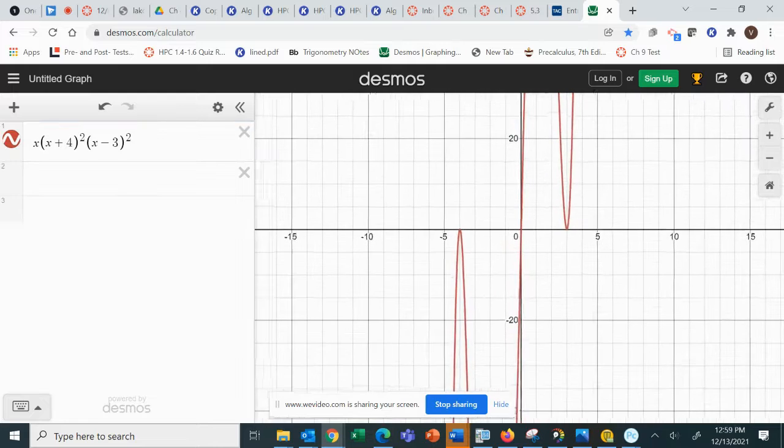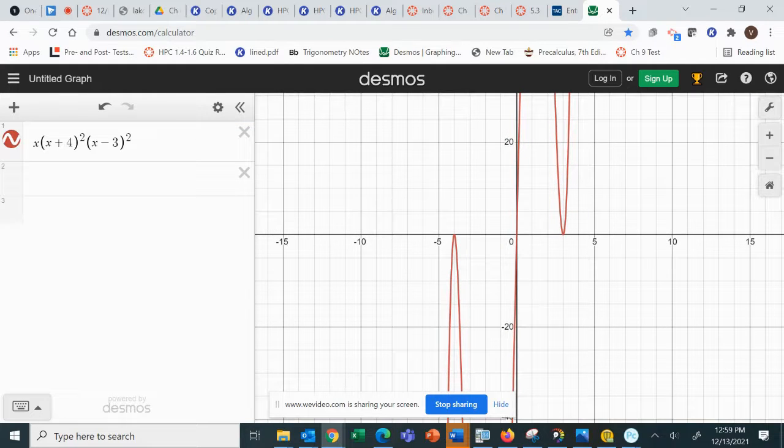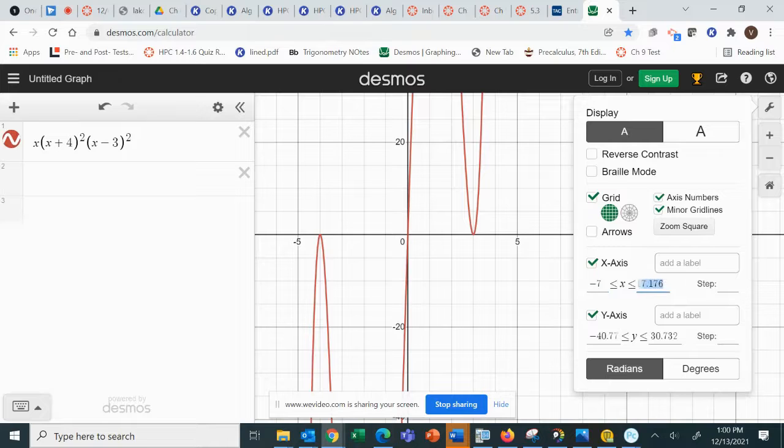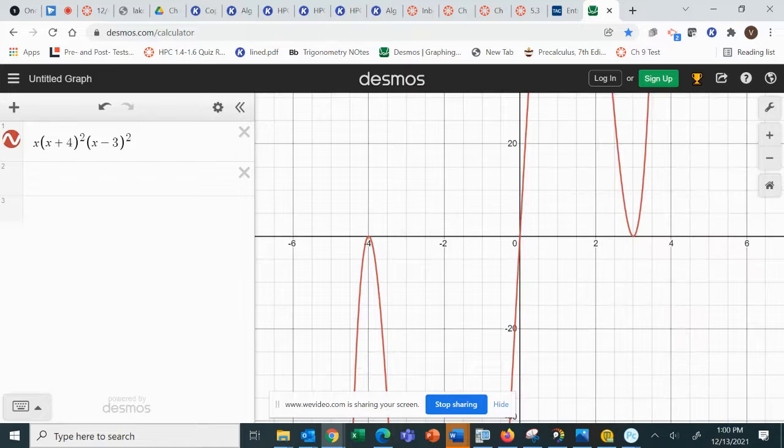If you don't feel very comfortable, graph it and look. You see, I have the down. It goes bounce, goes back up, then it comes back down and bounces again. And you could always change how you're looking at Desmos if you want. There, I spread it out a little bit so you can see it better. Okay.